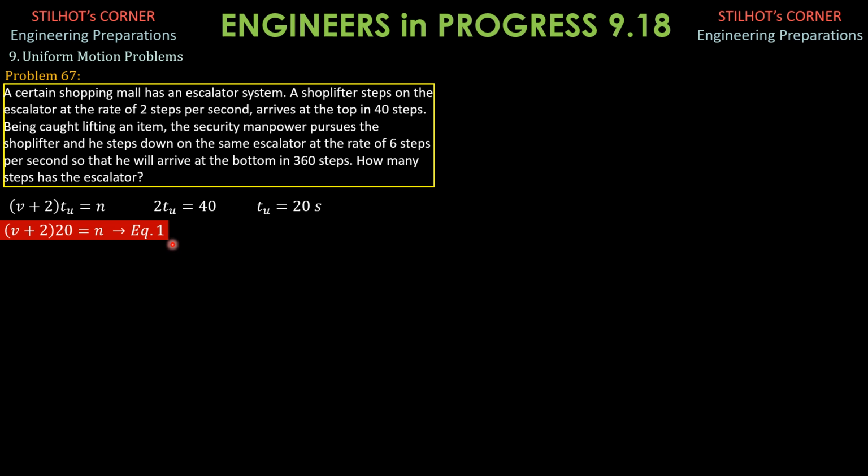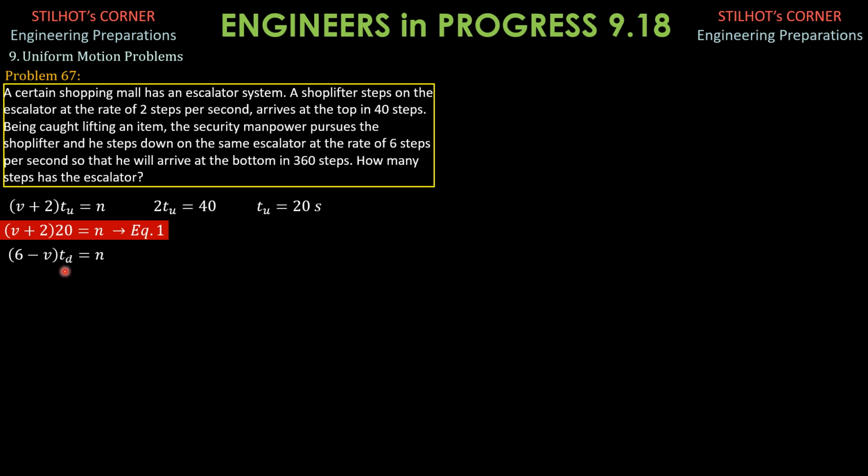For the second situation, the shoplifter steps down on the same escalator, so it's opposing, and the speed in going down is greater in magnitude than the speed of the escalator in going up, because he will reach the bottom in 360 steps. So in the second situation, 6 minus v times time going down is equal to the number of steps also.